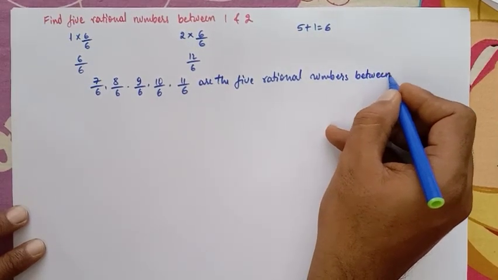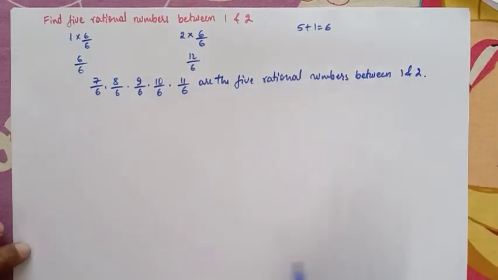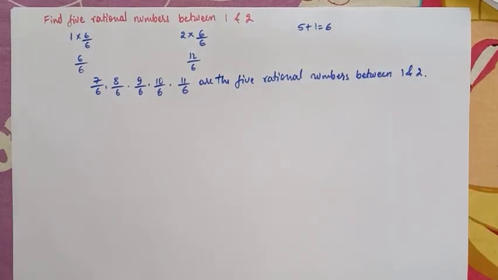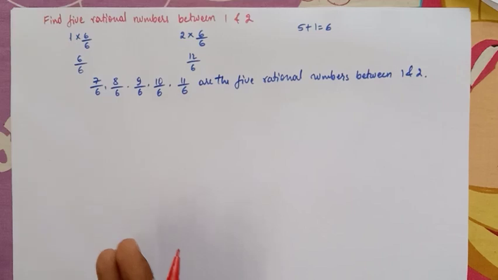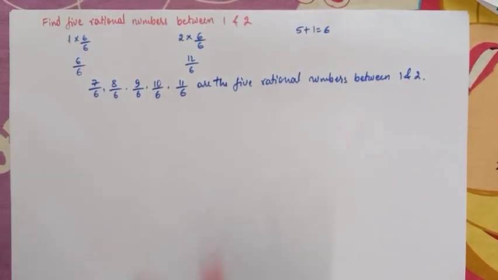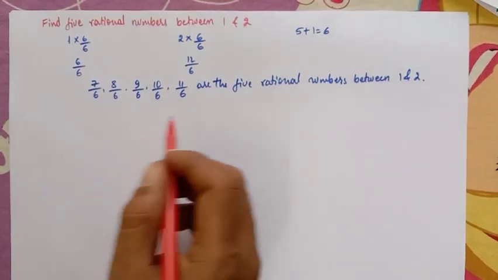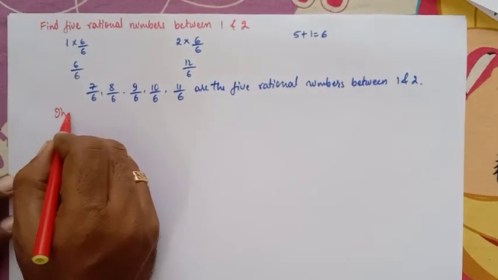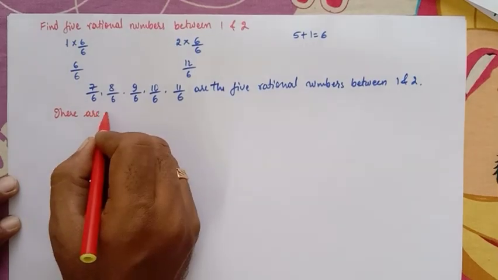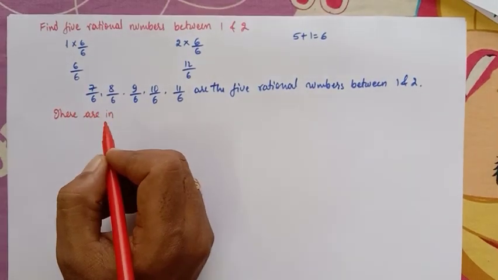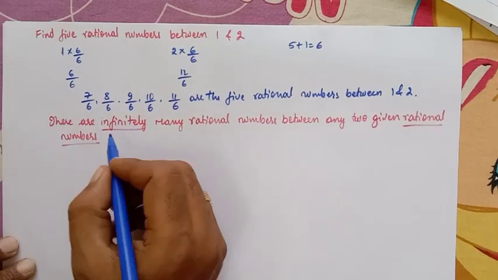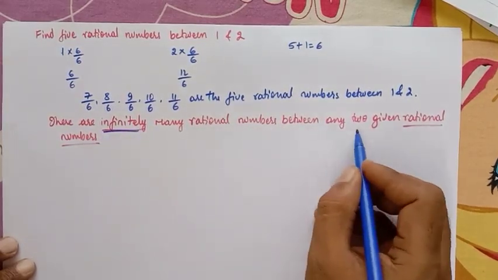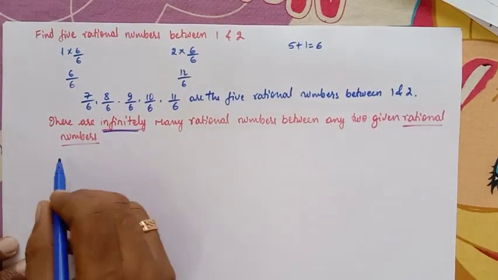Between 1 and 2. From this we can conclude, likewise we can get 5, 6. As many rational numbers as we need, that many can be generated. So we can conclude that there are infinitely many rational numbers between any two given rational numbers.